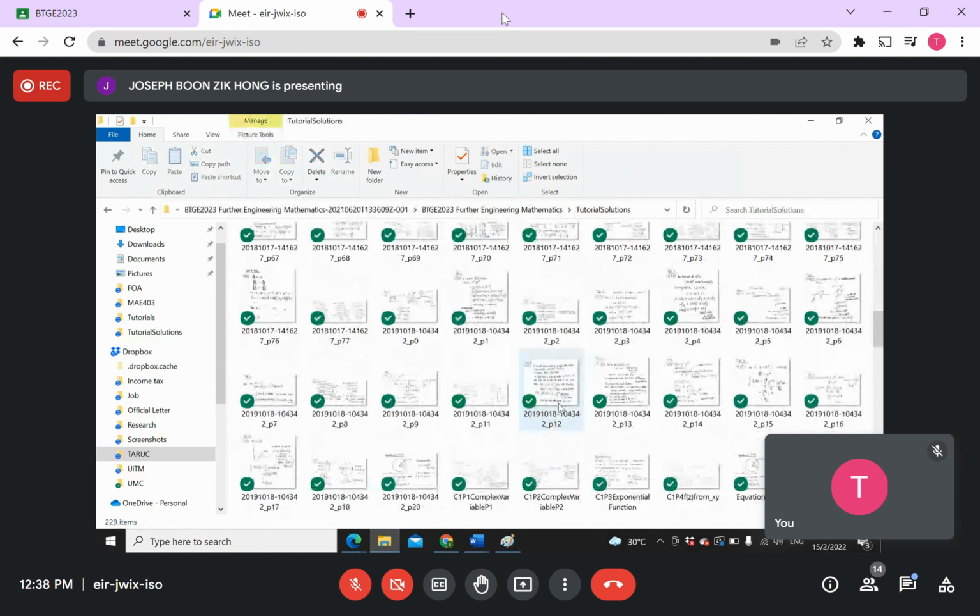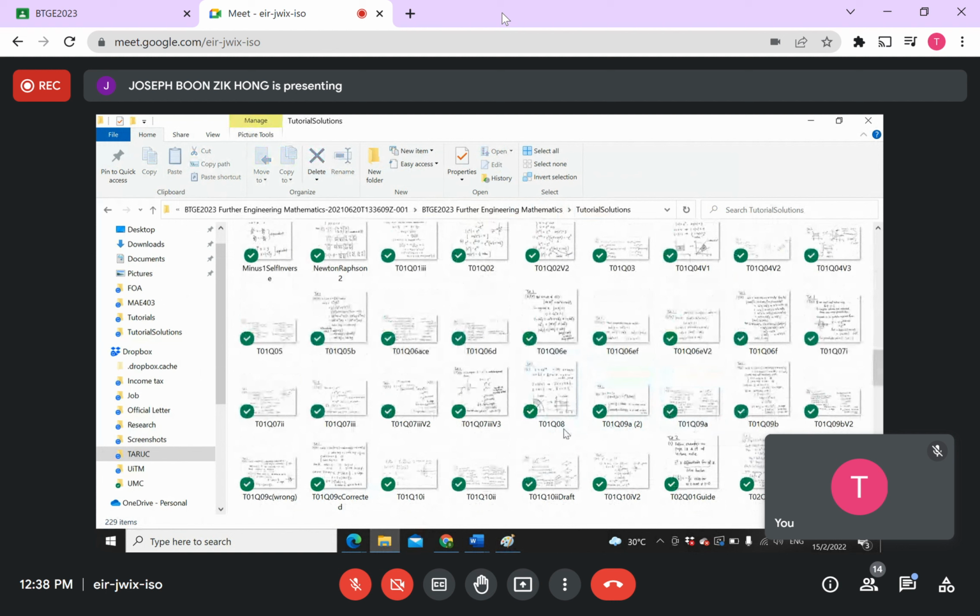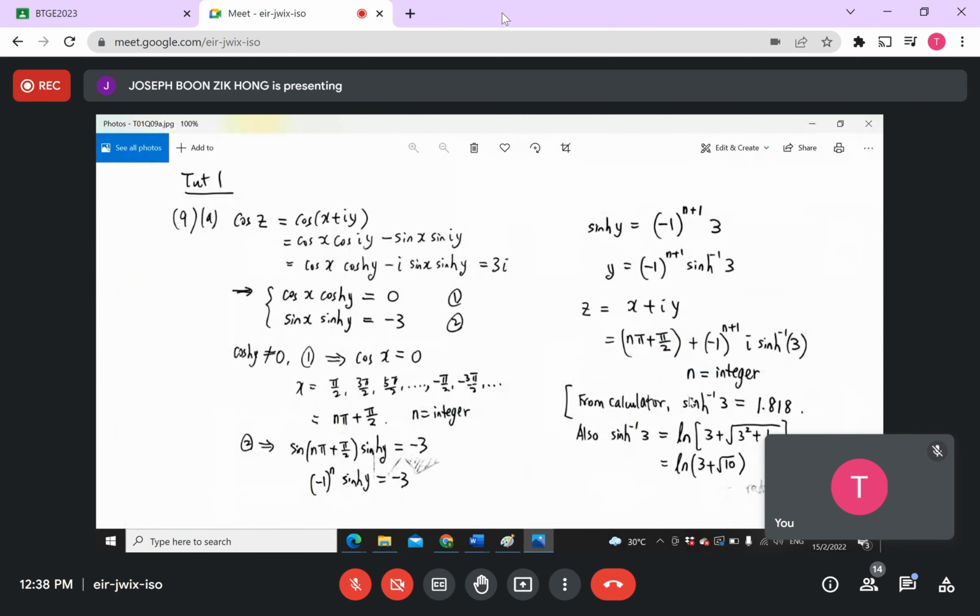This one, question 9A. Okay. Correct? But this one, 3 plus ln 10, 3 plus 10.